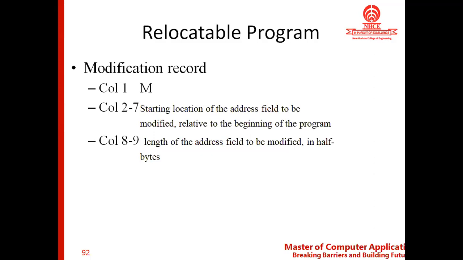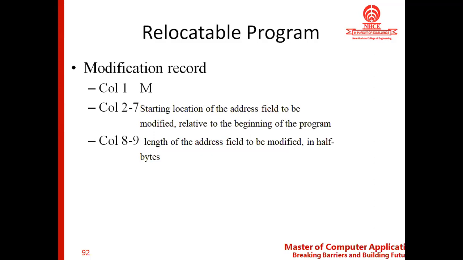So in the object program, in addition to the header, text and end records, we can have the modification record also. Why? What is the reason? Because the modification record provides information to the loader saying that if at all there is a program relocation, these parts need to be modified.